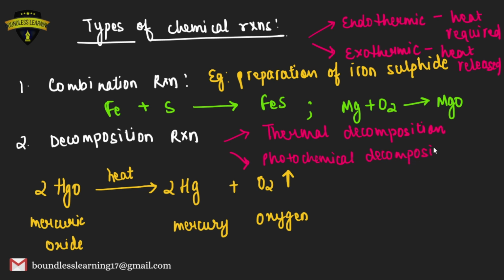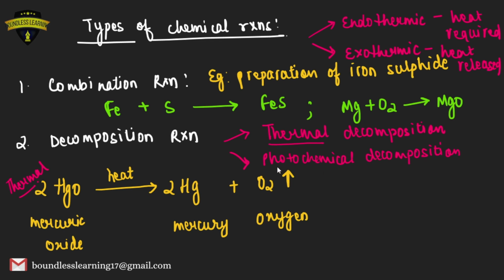Decomposition reactions जहां पर heat की वजह से या temperature की वजह से the decomposition is carried out, उसको हम बोलेंगे thermal decomposition. For example, ये mercuric oxide जब decompose हो रहा है into mercury and oxygen, this would be the example of thermal decomposition.